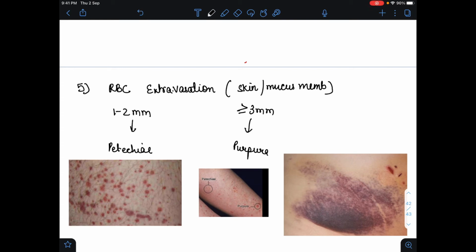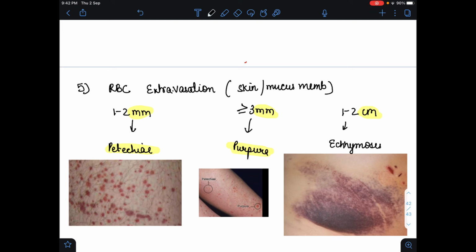While if they were 1 to 2 centimeter, here the range is in centimeter, while here it is in millimeter. So 1 to 2 millimeter is petechiae, more than or equal to 3 mm is purpura, while 1 to 2 centimeter is ecchymosis.